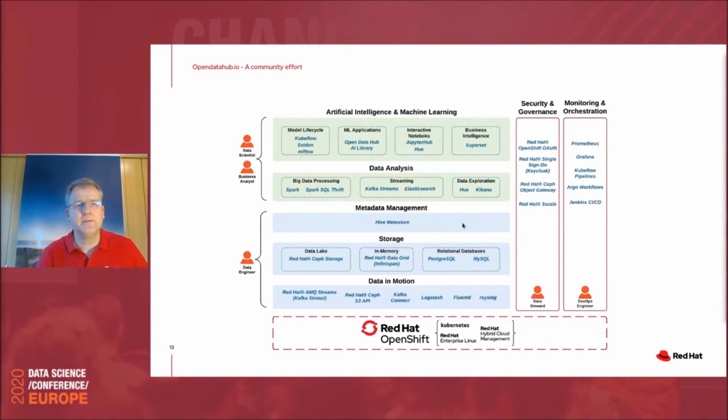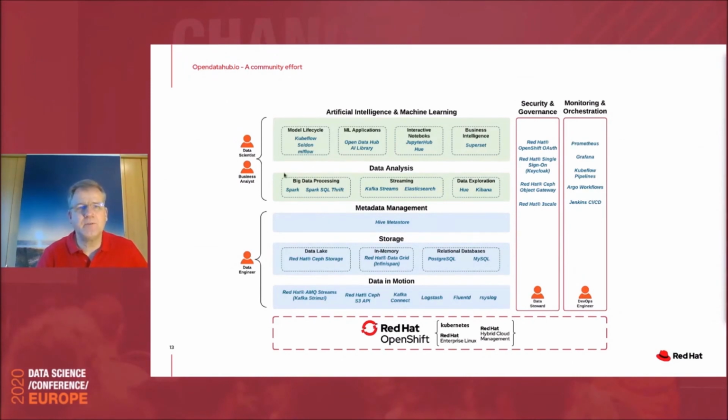And you see here the components that we had a look at in this use case, for example the storage components or the data in motion components like Kafka, and the Ceph-based data storage that we used, but also components and functionality for data scientists, like Jupyter Hub, and Seldon in the factory, but also in the data center.